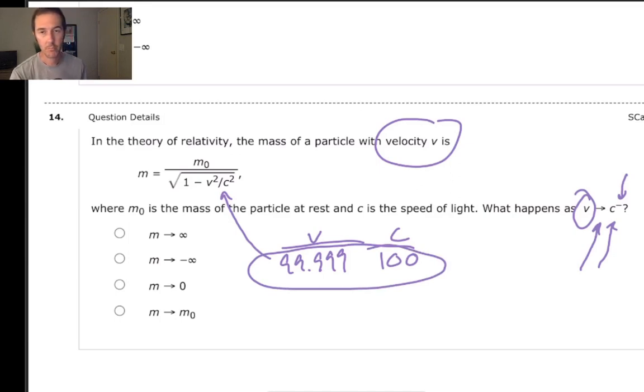Maybe like 0.9999999 or something. And then what happens when you take the number 1 and you subtract 0.9999999? You're going to get a number that's awfully small. And as v gets insanely close to c, the result of doing this arithmetic underneath the square root symbol is going to yield a number that's insanely small.